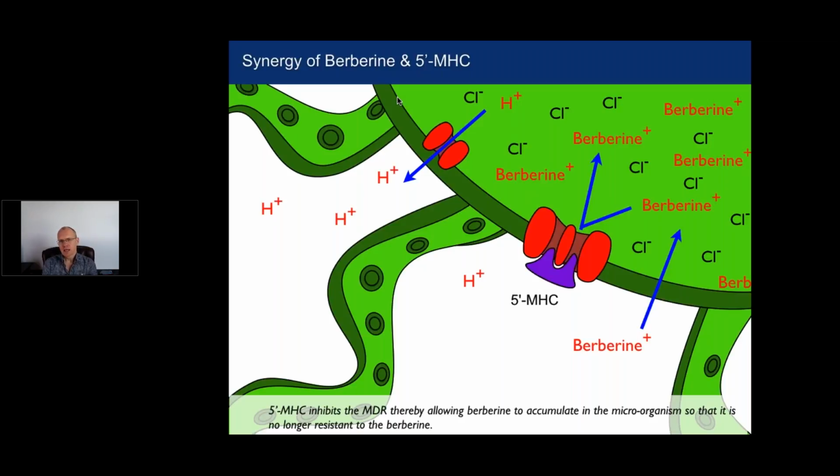But anyways, this 5-MHC compound will block this pump so that it does not directly have an antibiotic or an antimicrobial effect, but rather it works synergistically with the berberine to decrease the drug resistance so that the berberine can be effective. And I think this is really, really neat stuff.